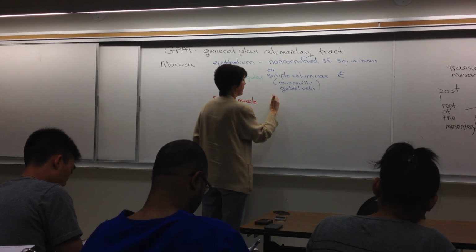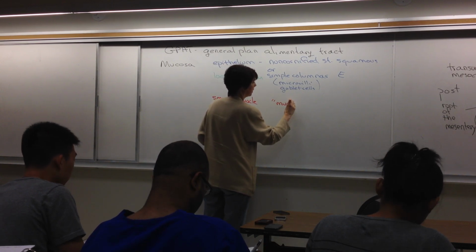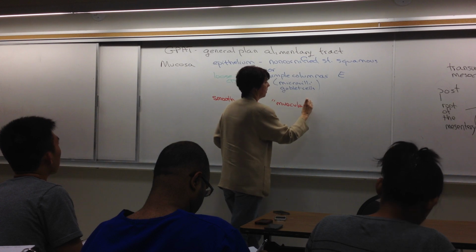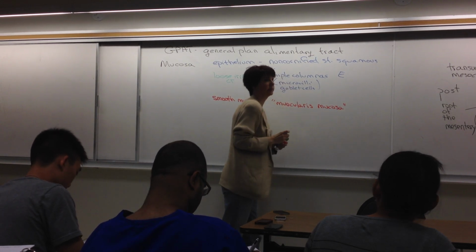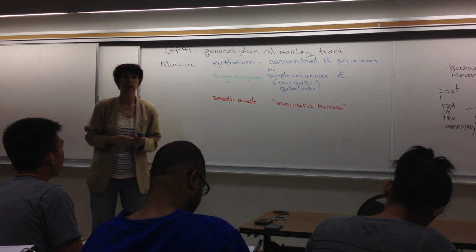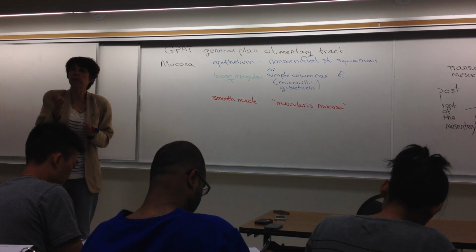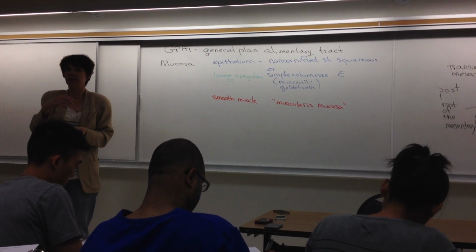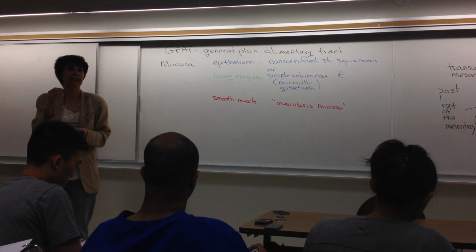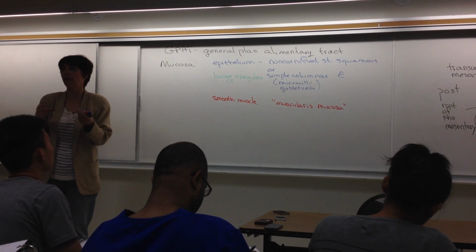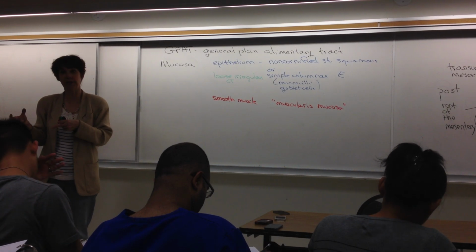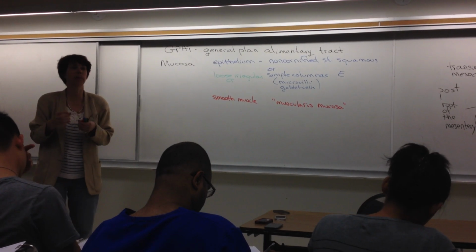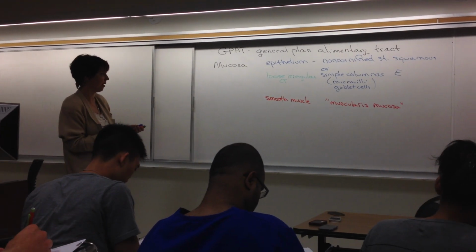This is known as the muscularis mucosa. And this helps to bunch up the lining into folds to increase surface area. It's not effective in peristalsis. That's what we use the muscularis externa for. But it does help to bunch up the lining and increase surface area.